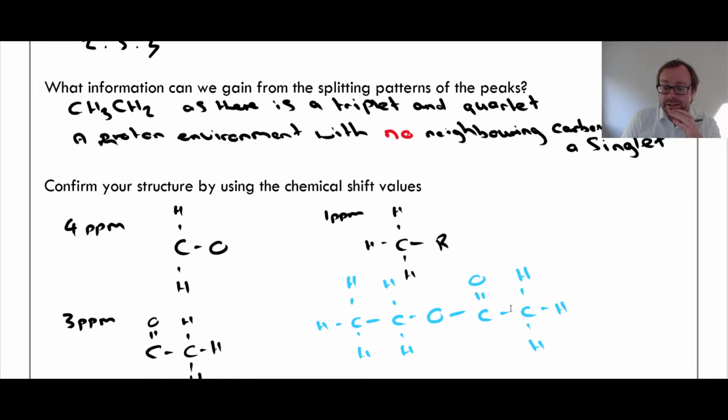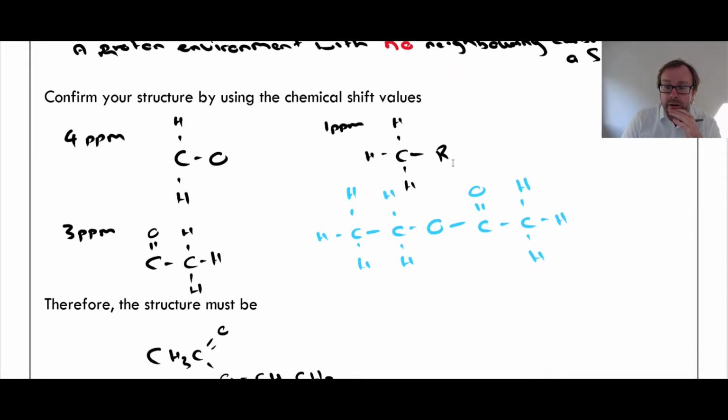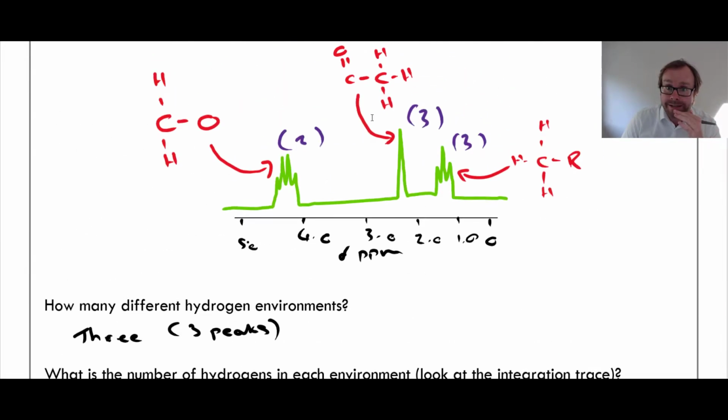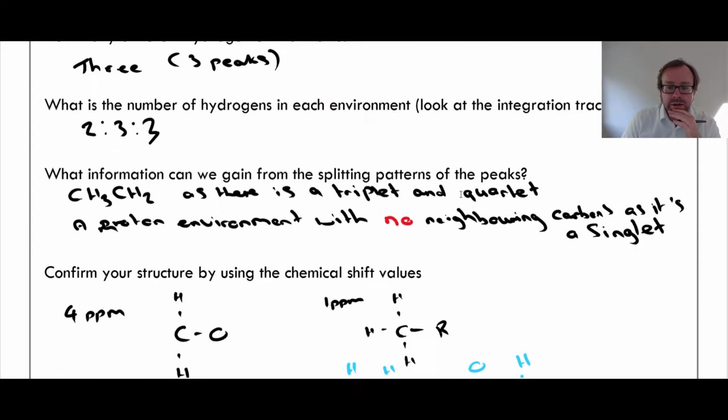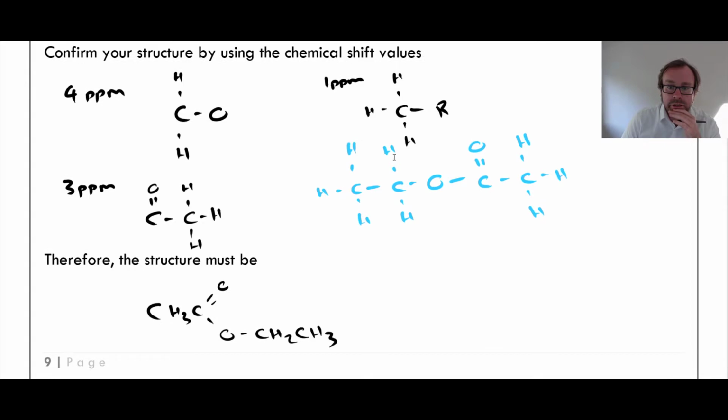I have a singlet, my CH3 here, which is next to a carbon with no hydrogen, so it shouldn't split. Well, it hasn't. And I then can check my integration traces, which are 2, 3, 3. So that would be 2, 3, 3. So it fits. Okay, right. I know that is quite difficult.